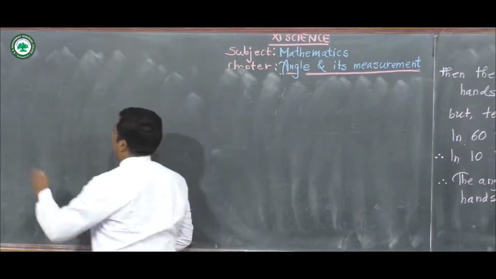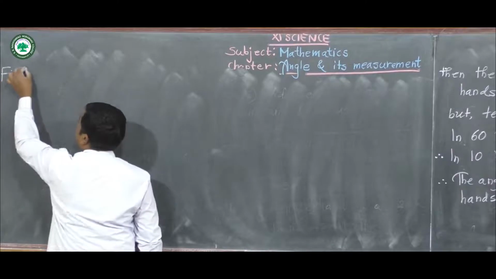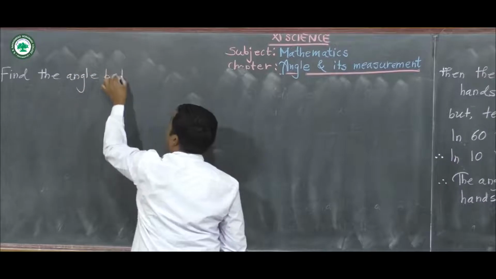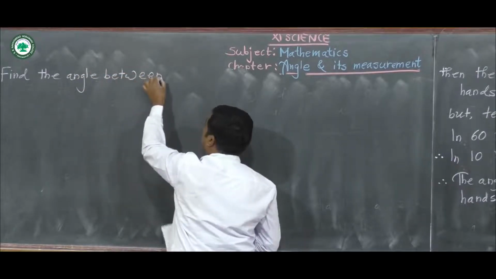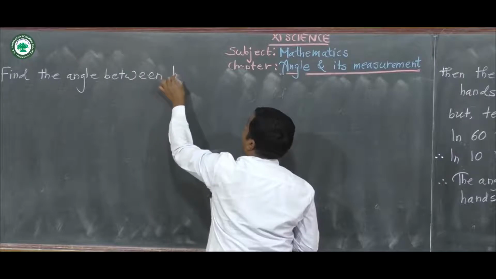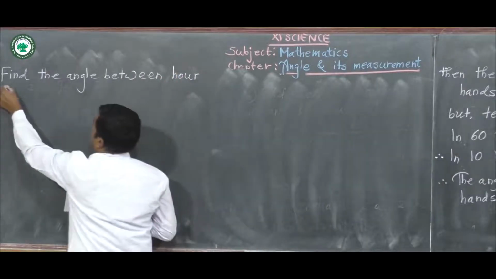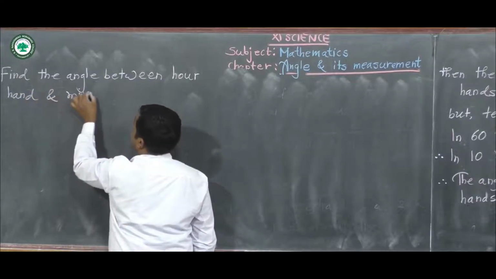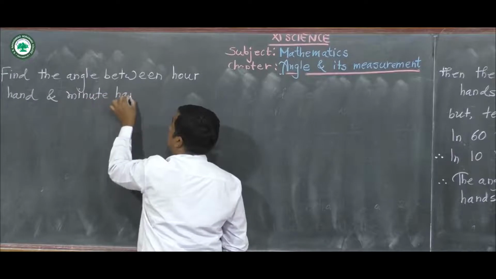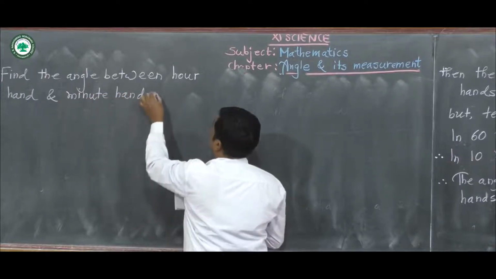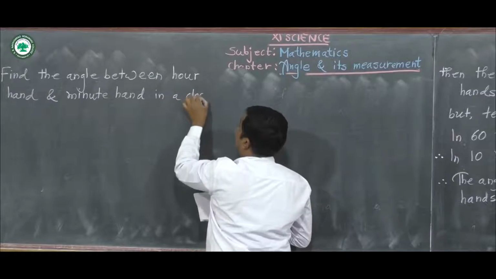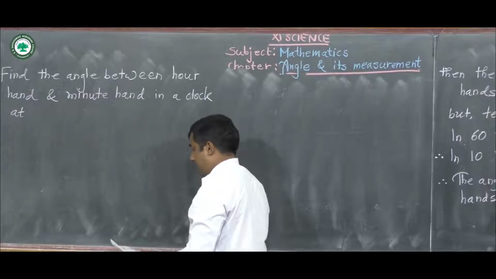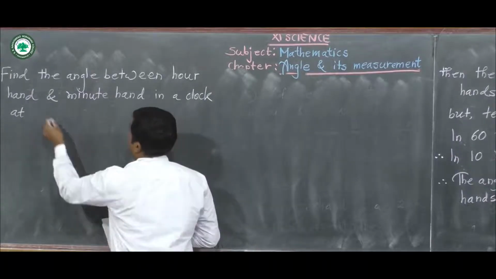Find the angle between, again a similar example, find the angle between the hour hand and minute hand in a clock at 20 past 7.